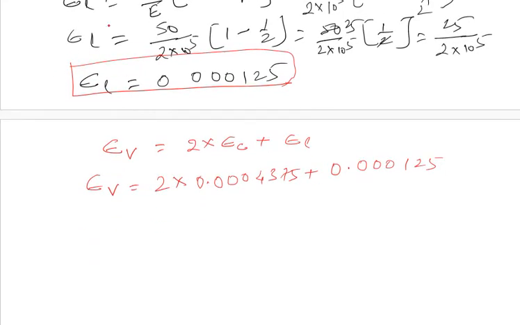Now epsilon V is equal to 2 into 0.0004375 plus 0.000125.